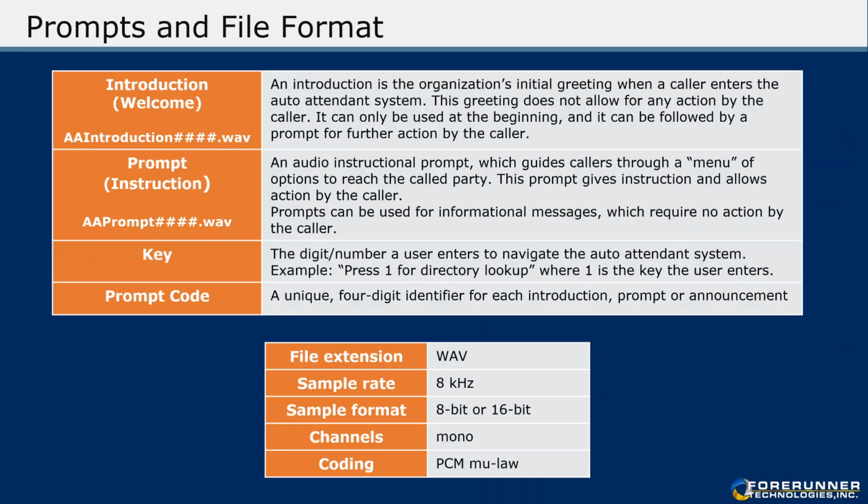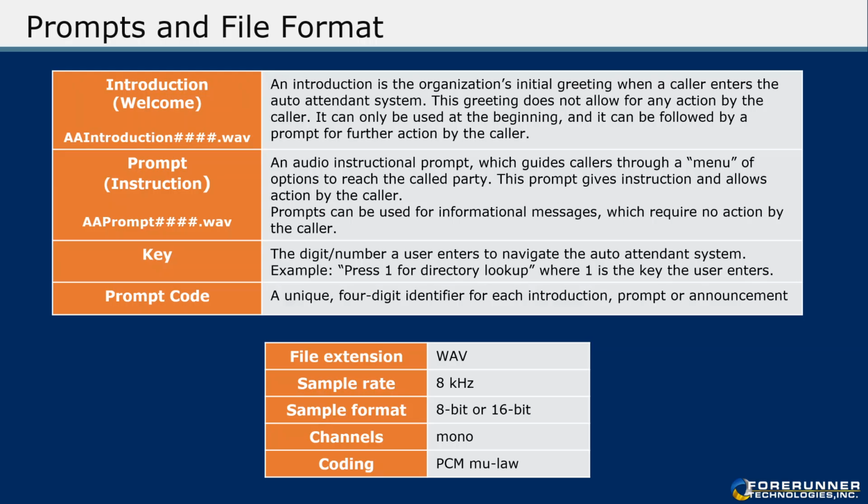And here it is. The introductory messages are labeled AA introduction and a 4-digit number. The messages that include options for the caller to dial are named AA prompt and a 4-digit number.